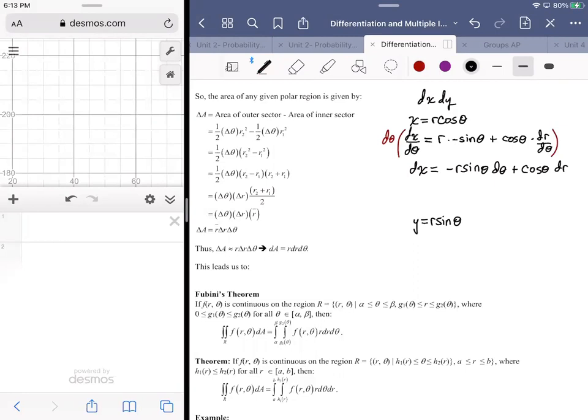And we do the same thing with y. All right. So y is equal to r sine of theta. So dy d theta, first times the derivative of the second, r cosine theta, plus the second function, sine theta, times the derivative of the first.